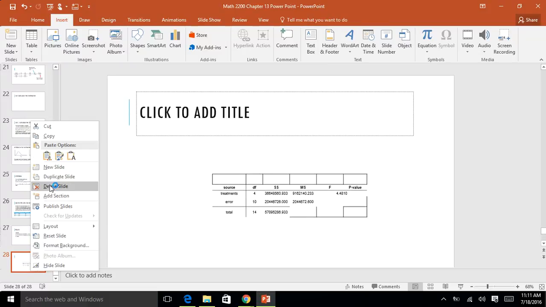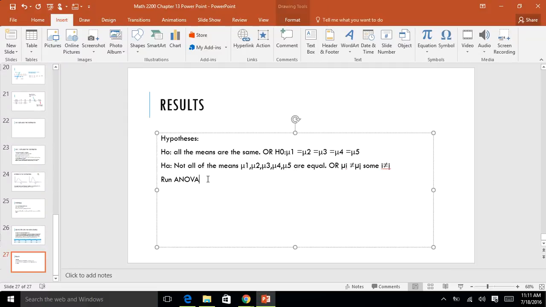Okay, so I ran my ANOVA, and the next step is to find my distribution for the F-test. What I need to do is find my degrees of freedom for my numerator and degrees of freedom for my denominator.